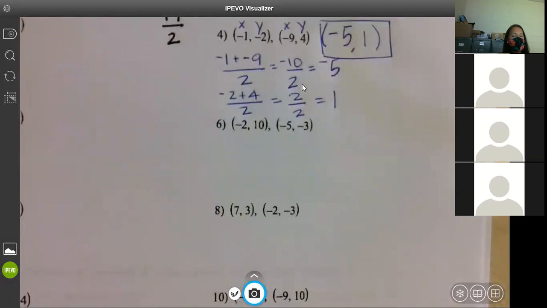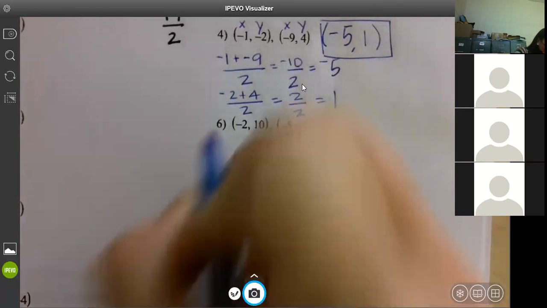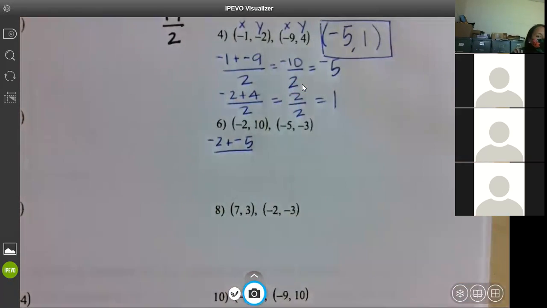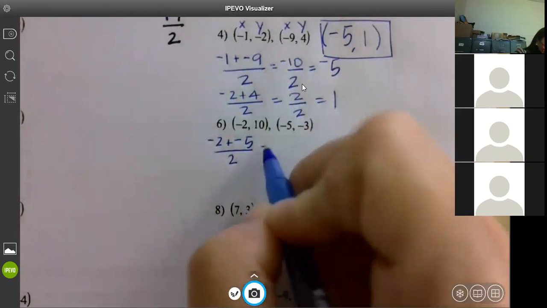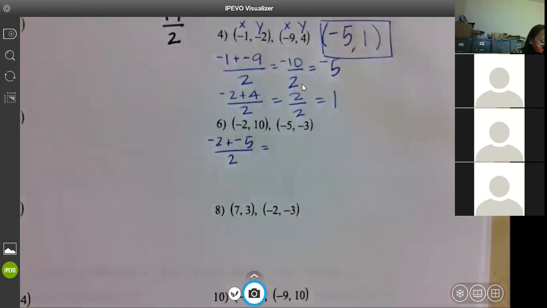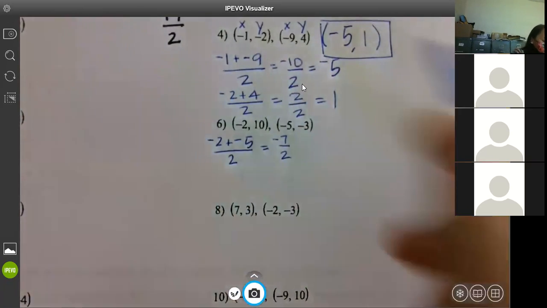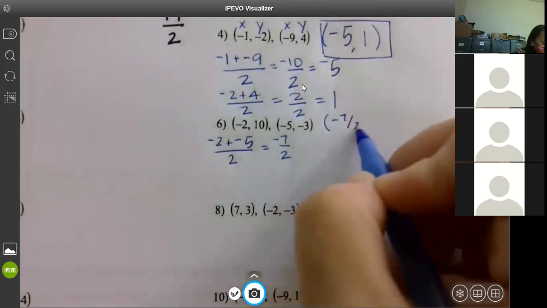We'll get number 6. What are your 2 x's? So we're going to add those. -2 plus -5. We're going to divide them by 2. What is -2 plus -5? That will not reduce. Leave it alone. -7/2.